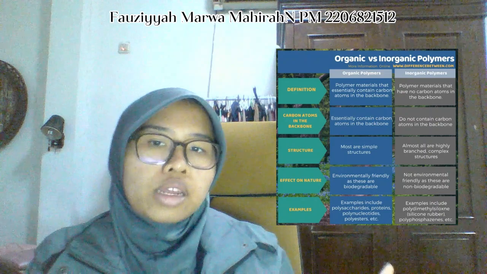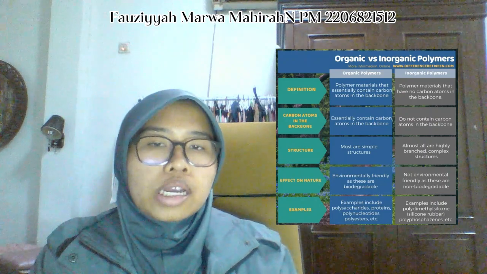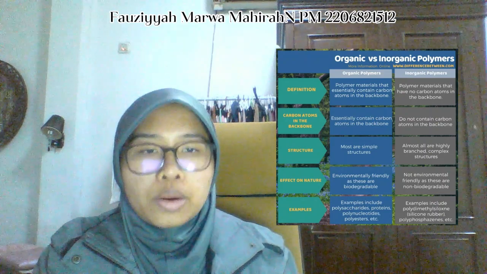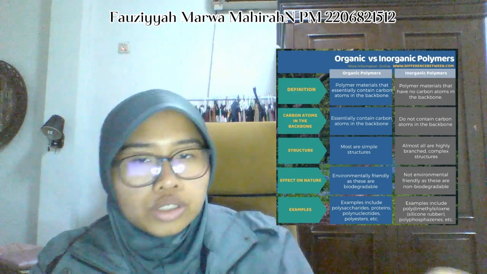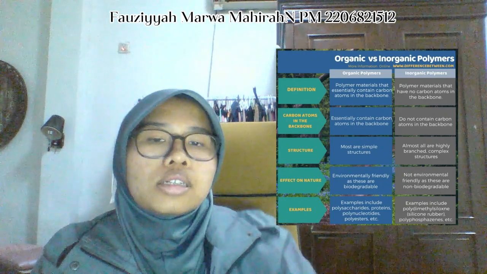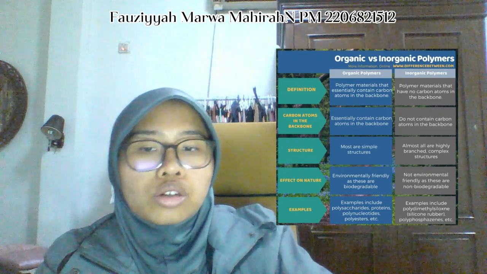So for the next one, we've got the composition or component of polymer. There are 2, which are organic and inorganic polymer. Organic polymers are composed primarily of carbon atoms bonded to hydrogen, oxygen, nitrogen, and other nonmetals.